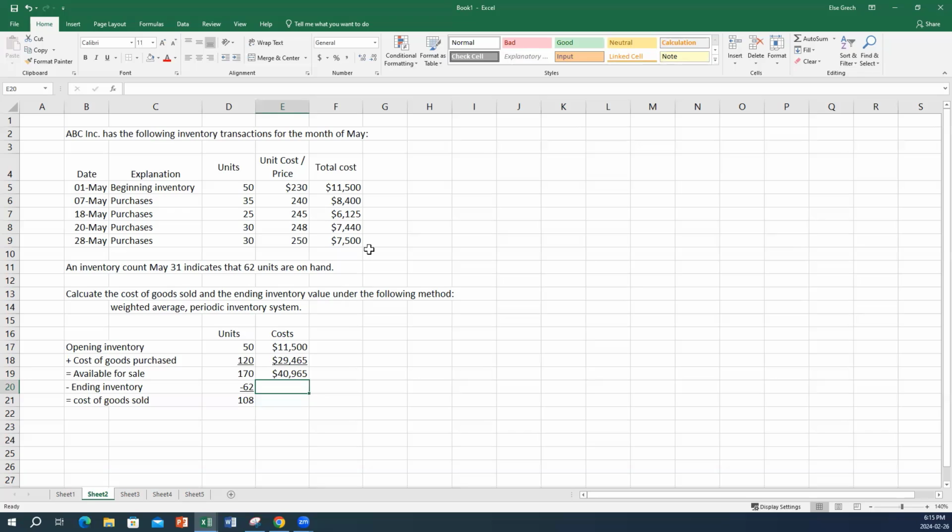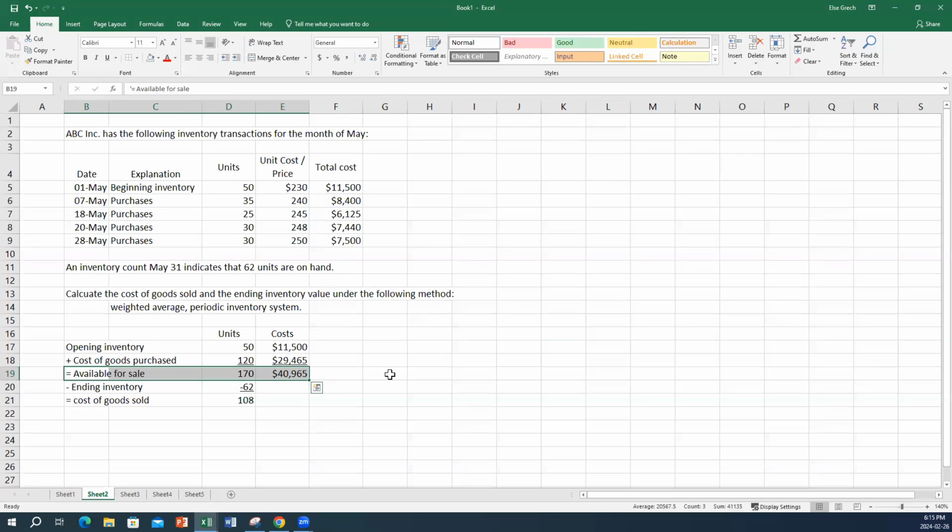When we're using the periodic inventory system, the weighted average cost is only calculated once at the end of the period. The weighted average cost is calculated by dividing the costs of goods available for sale by the total number of units available for sale.